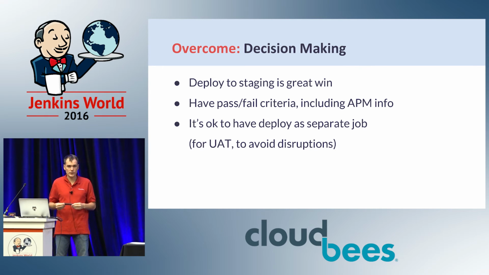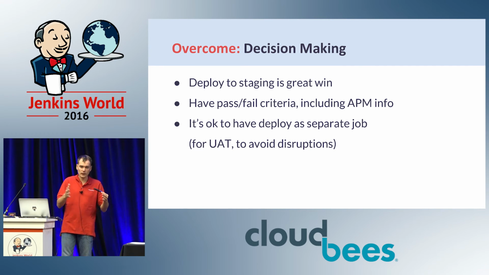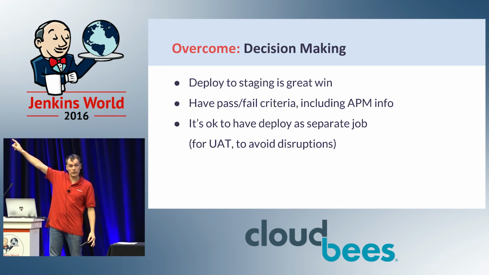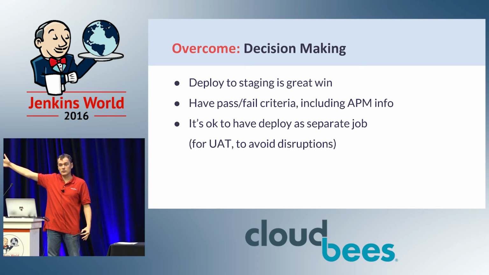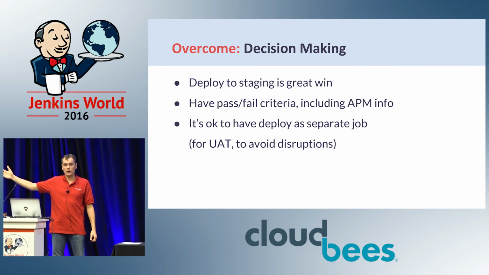And sometimes these criteria are really complex. For example, it's not response time, but I want to fail it if the CPU on the server has exceeded a certain value. Or on the database, there were too many locks, and I'm failing the build because the locks are exceeding something. It's tricky, it's complicated, but it's possible.